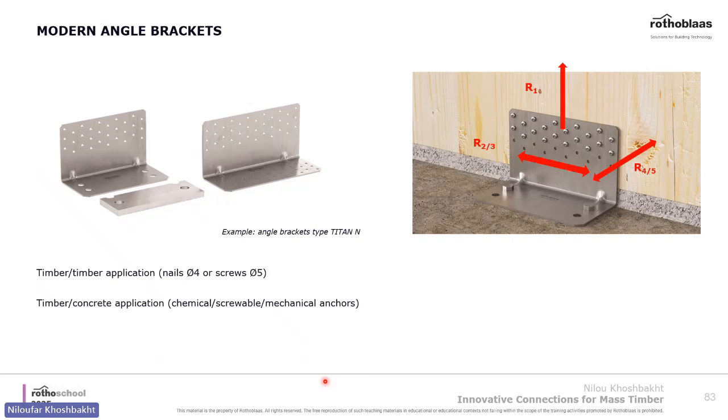For example, you see here for our brackets, if you want to increase the capacity in the axial direction, you can use washers. For this one, Titan N gives you capacities in every direction: shear, lateral, and axial.